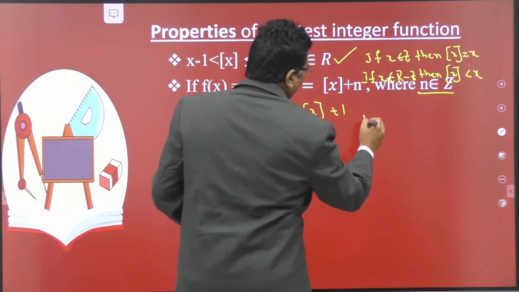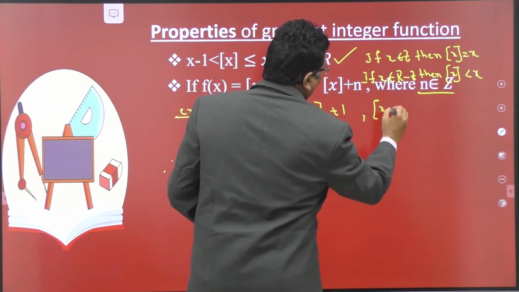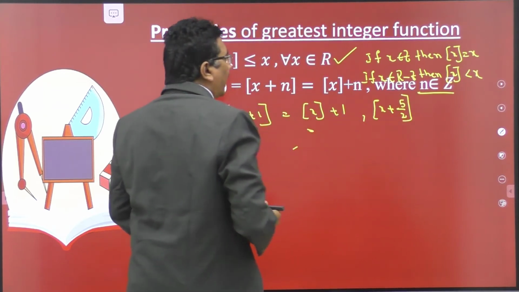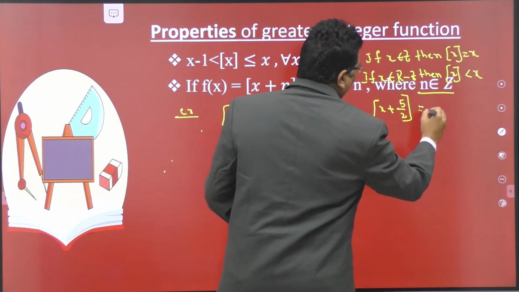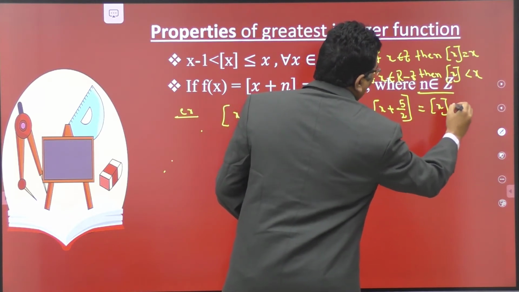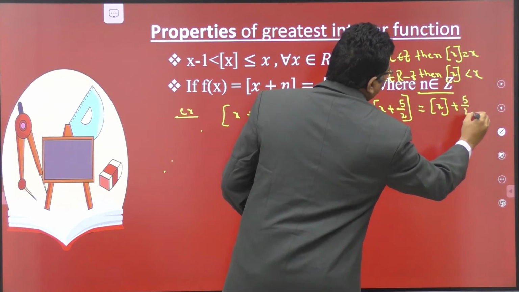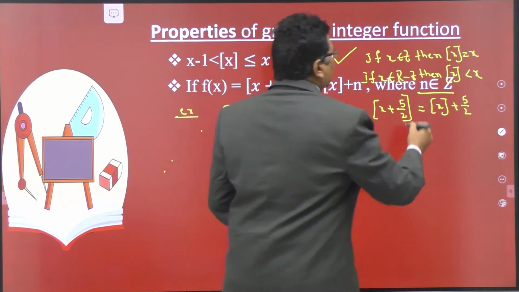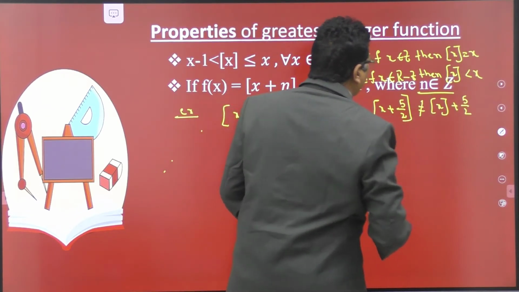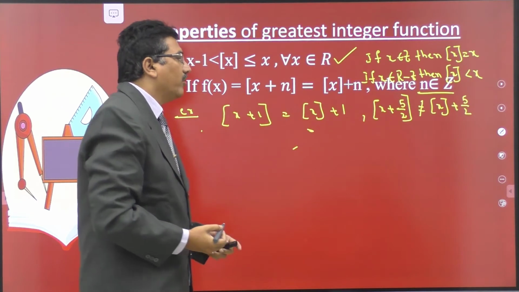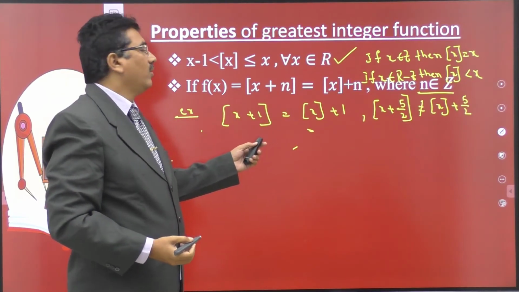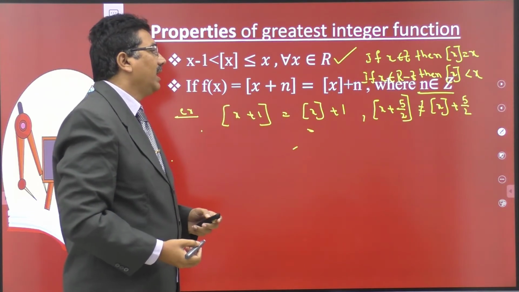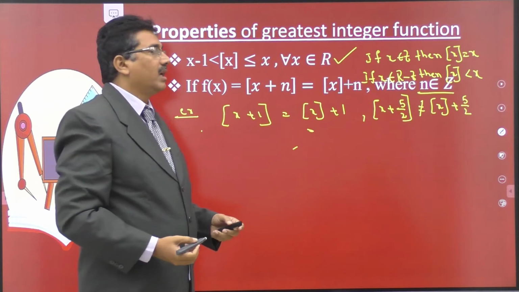Now suppose box of x plus 5 by 2 is equal to box x plus 5 by 2? This is not possible. Box of x plus 5 by 2 is not equal to box x plus 5 by 2. This is possible only in the case of integers, right? This is a very important property, right?